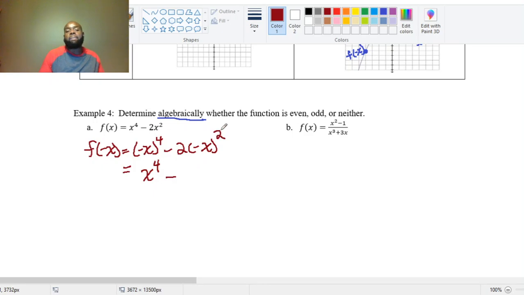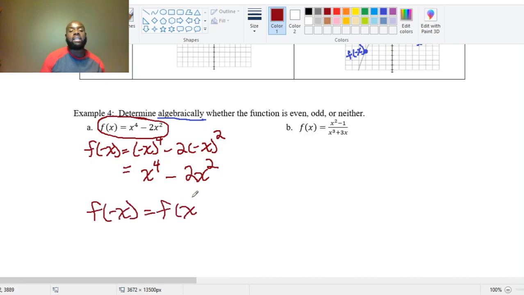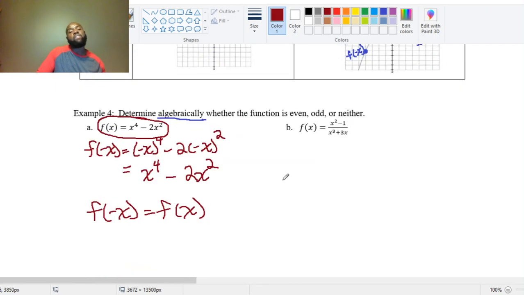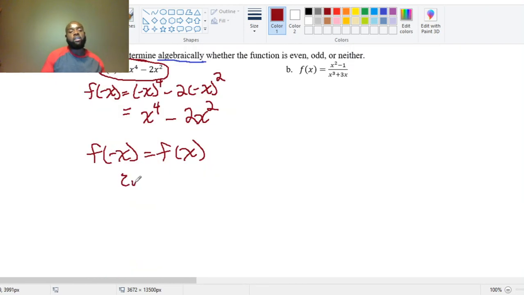Here, the same thing happens. Since 2 is even, then I have that right there. And so since this is the same thing that I started with, which was f of x, then this satisfies the test that my function is even. So I can say that this function here is even.